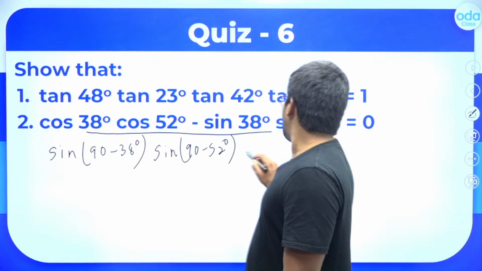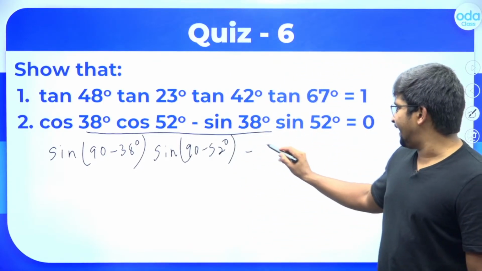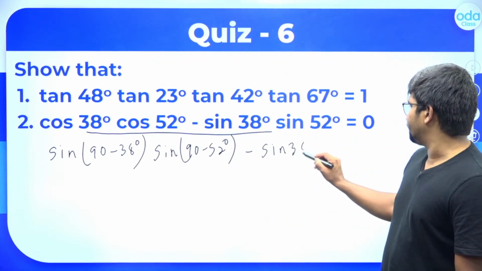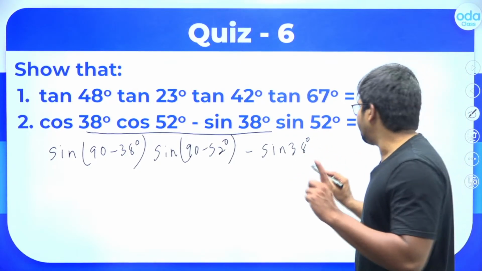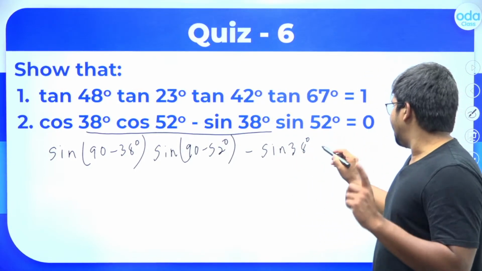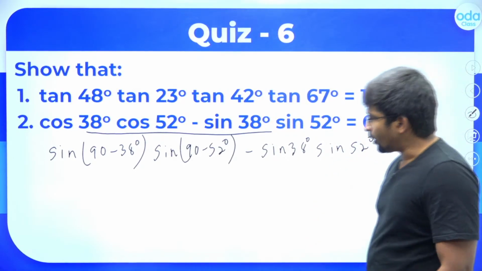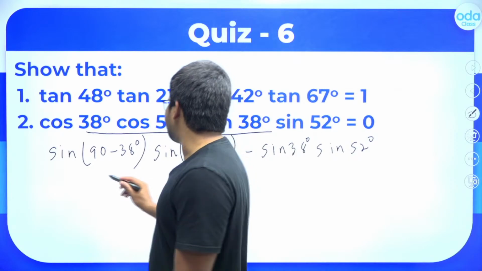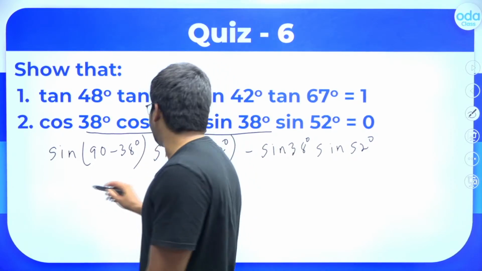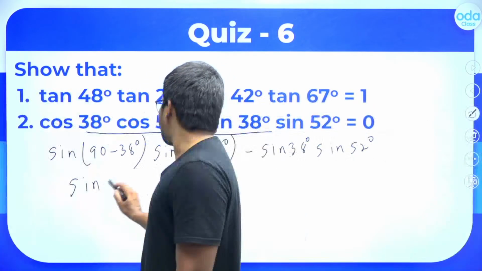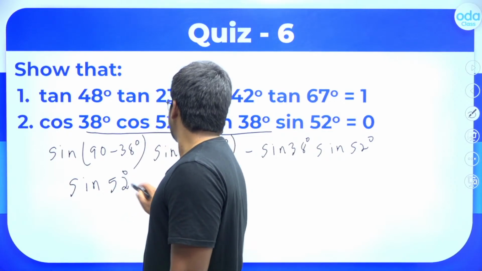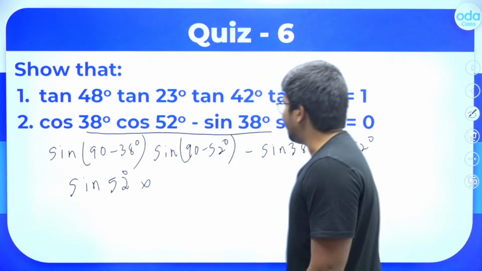You can write it minus this sin 38, let it remain like that itself. Okay, sin 38, let it remain like that itself. And sin 52 also let it remain like that itself. Okay, now what is sin 90 minus 38? Isn't it sin 52? So this will be sin of 52 degree into what is sin of 90 minus 52?